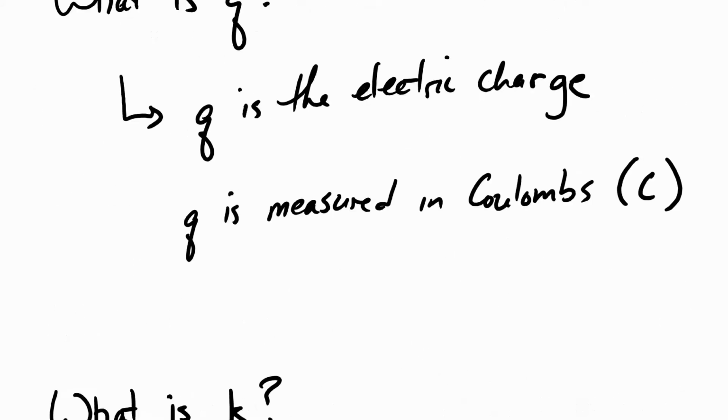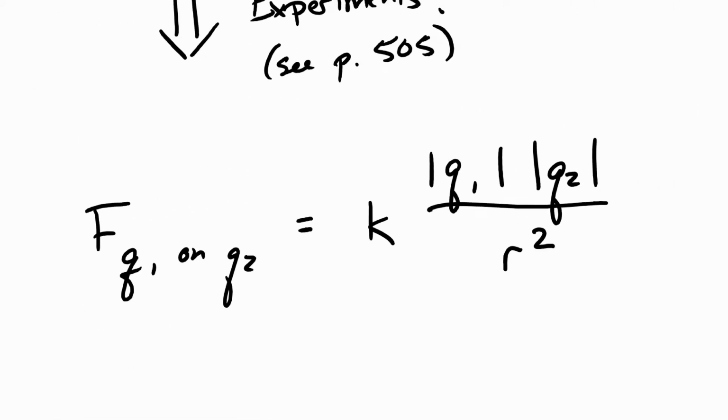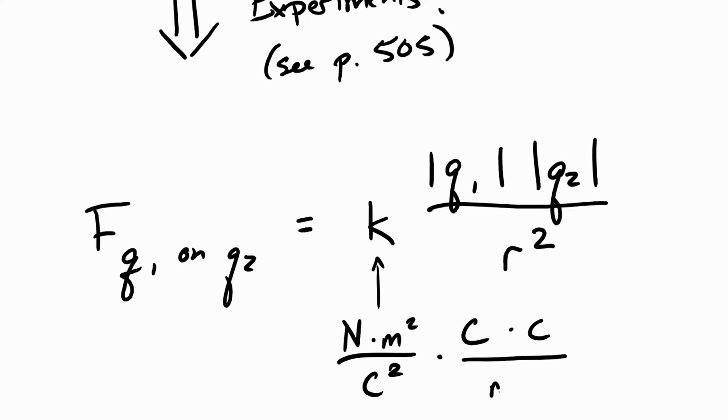That feels like a lot to remember, but if we come back to this equation, Q1 is in coulombs, Q2 is in coulombs, R squared is in meters squared, so we see this is just trying to get us to newtons, which is what we expect the force should be measured in.